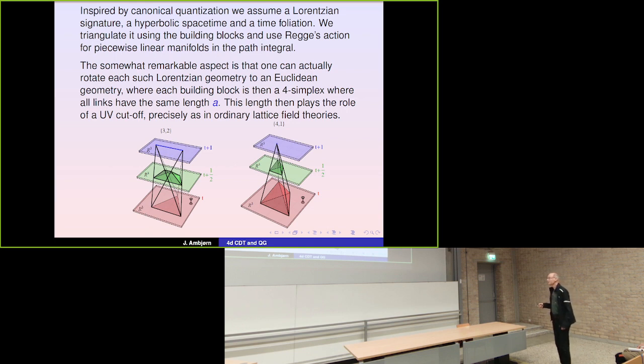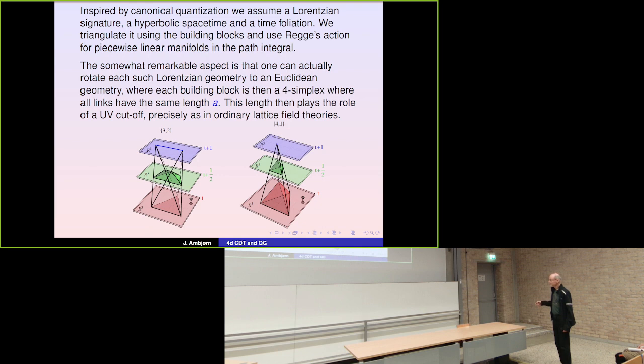So we have triangulated the spatial slices with tetrahedra glued together in all possible ways, compatible with the topology of S3. And then we connect them, the slab in between, we fill it out with four-simplices in some specific way. One tetrahedron here is connected to a point here, a triangle here is connected to a link here, such that we get four-simplices in between.